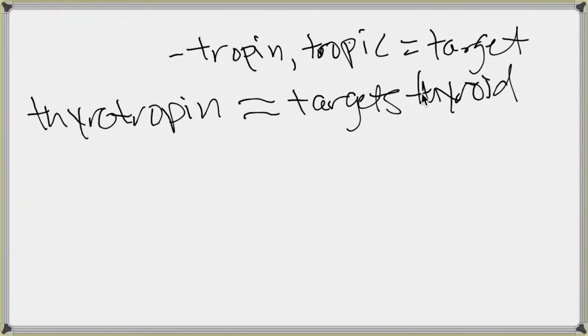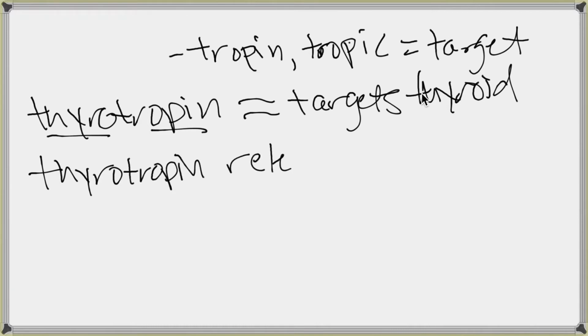Good, but if you have the word releasing or inhibiting hormone before it, then it changes the meaning. So stick with me for just a second. We know what thyrotropin means. And what about thyrotropin releasing hormone? This is actually one step back.